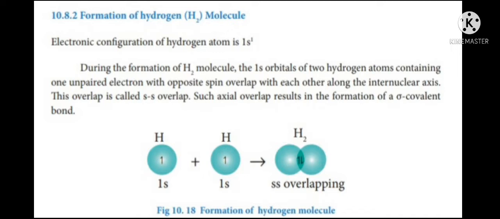Already, we discussed that axial overlap results in the formation of a sigma covalent bond. Here, a single covalent bond is formed between two hydrogen atoms. That single covalent bond is sigma bond. Formation of hydrogen molecule is shown here.